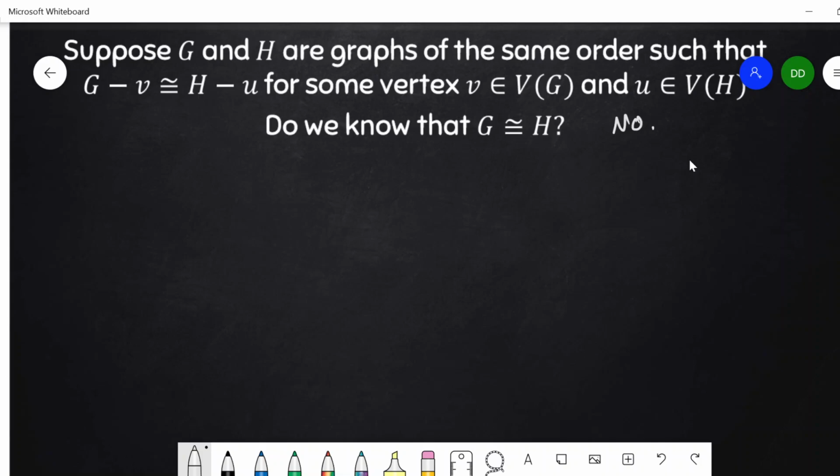And I'll give you an example of this. So let's suppose G is the following graph, and H is this graph. So they're both the same order, same size.